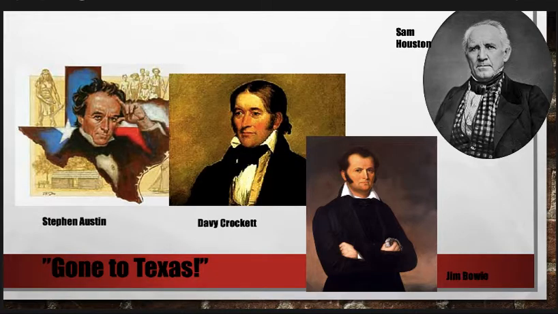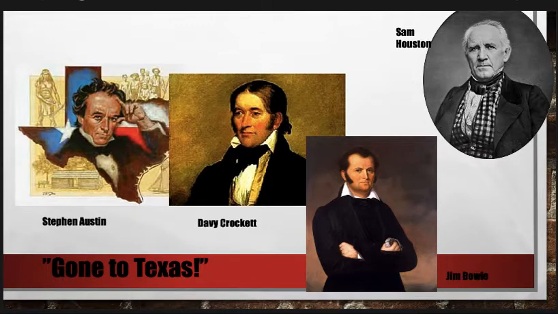Among them were adventurers like Davy Crockett. You ever heard of him? Davy Crockett, King of the Wild Frontier, from his TV show. He's a famous rifleman. Jim Bowie, you ever heard of him? He's not related to David Bowie, unfortunately.